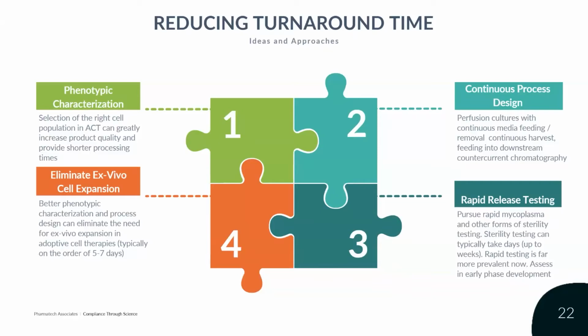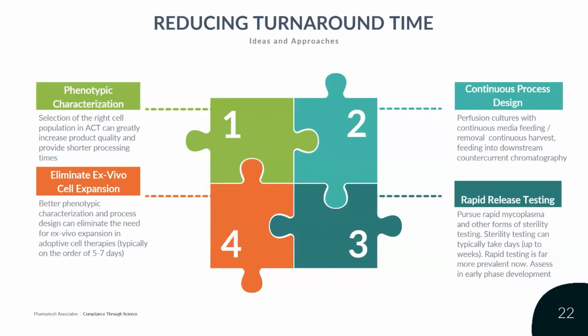And this is not necessarily for adoptive cell therapies. I think we're actually a long way away from any sort of continuous process design there, not only because they're autologous, so that means one patient per lot, but even for the allogeneic therapies, there's just nothing that's really large scale and continuous that's been designed or developed yet.